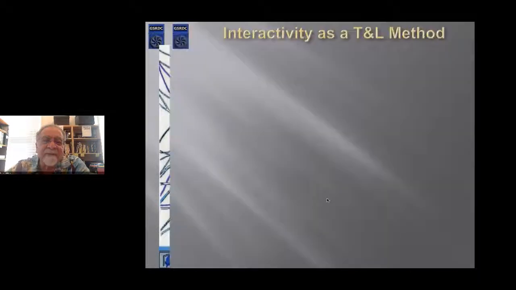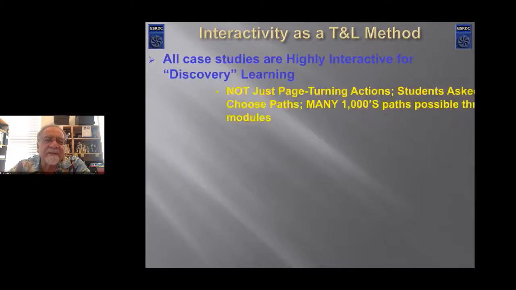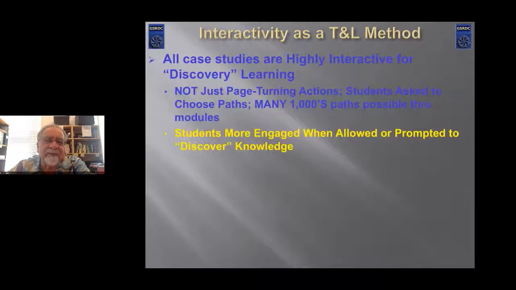So interactivity was a big part of this, breaking apart major diagrams in order to understand them. All case studies were highly interactive. They were not just page-turning actions. Students were asked to choose their pathway through the knowledge. So there were many thousands of pathways possible for different students in the modules once they were finished.